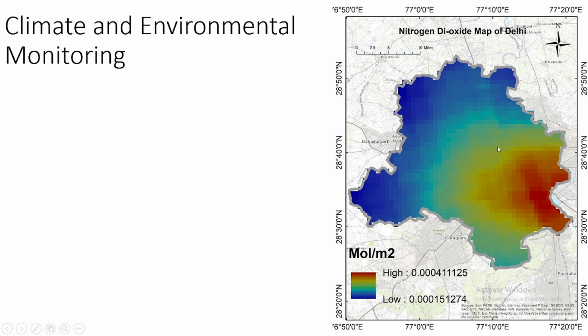So this type of mapping also helps you make decisions about urban health conditions. We also do air quality assessment with Sentinel-5 for climate and environmental monitoring, such as your environment, mainly air, water, or soil.